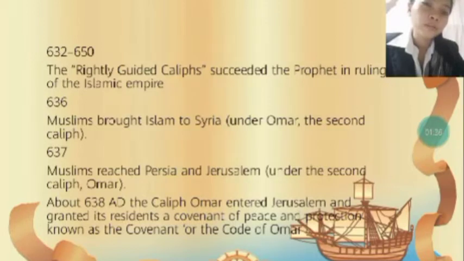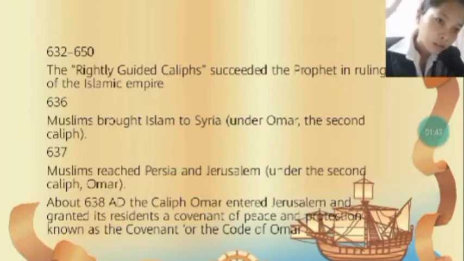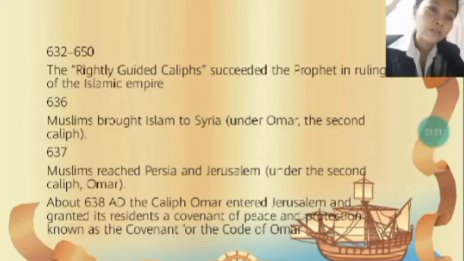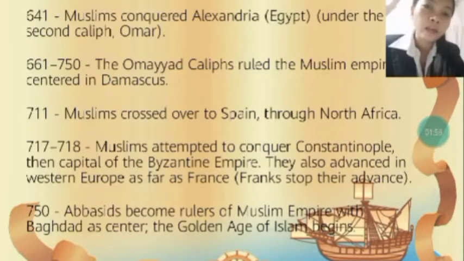And about 638 CE, Caliph Omar entered Jerusalem and granted its residents a covenant of peace and protection known as the Covenant or the Code of Umar. In 641 CE, Muslims conquered Alexandria, Egypt, under the second Caliph Omar.